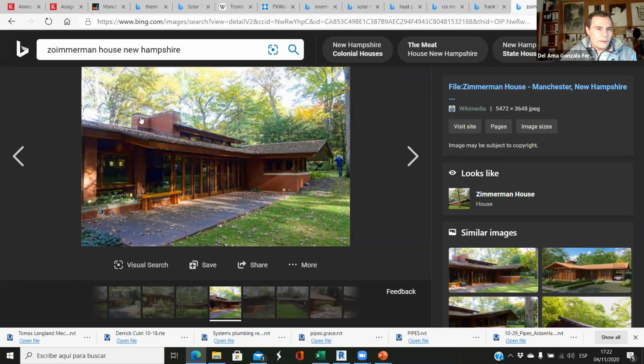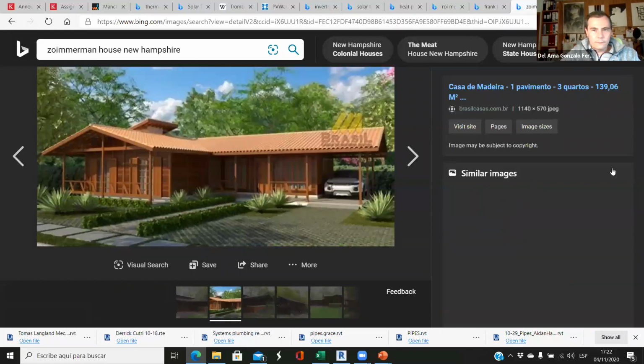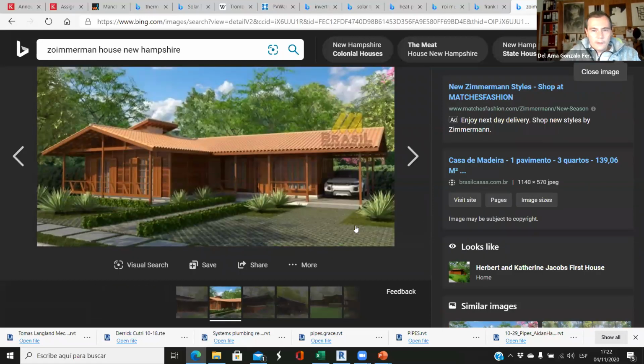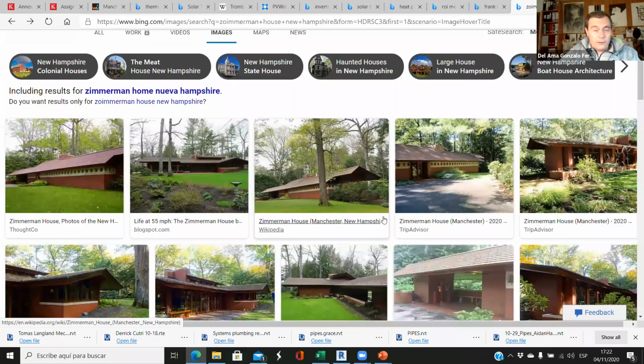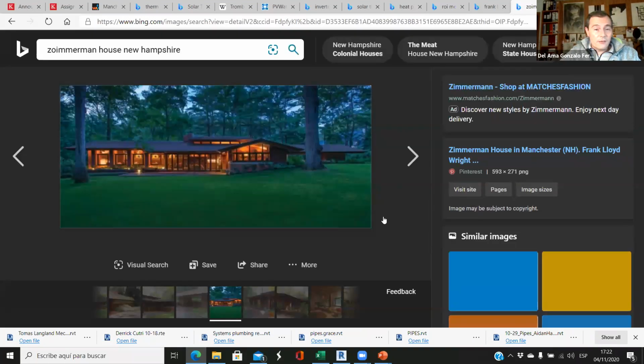Okay, so we have a brick wall with a fireplace, so that we heat up the fireplace during the day, and then during the night it releases that heat that we have within that wall. This is an outstanding building. You can visit this.